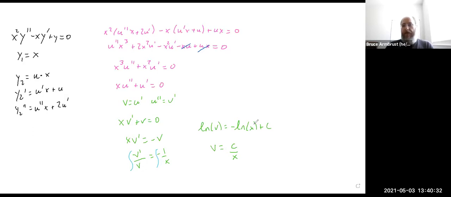Because that minus 1 comes in, the e and the natural log cancel, so we get x to the minus 1. But now, let's go back here. We know v is equal to u prime. So we just have to integrate again. And we get u is equal to c1, we'll call that c1, times the natural log of x plus c2.